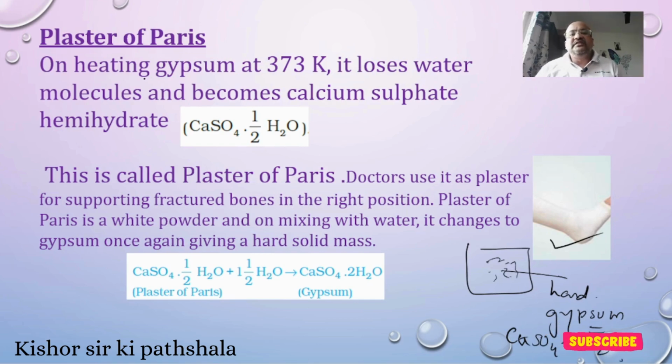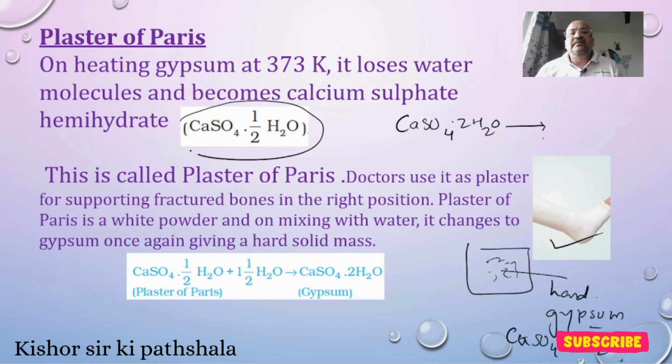When you heat gypsum, CaSO4·2H2O, it loses water molecules and becomes calcium sulfate hemihydrate, CaSO4·½H2O.